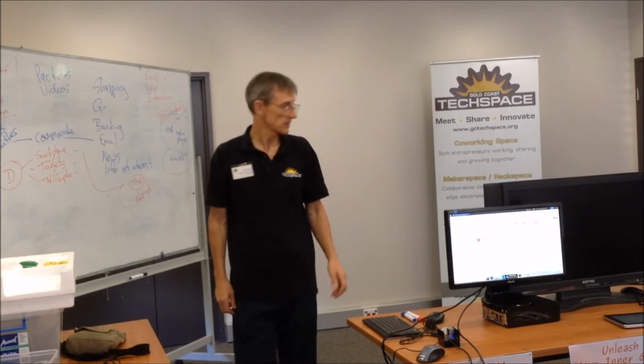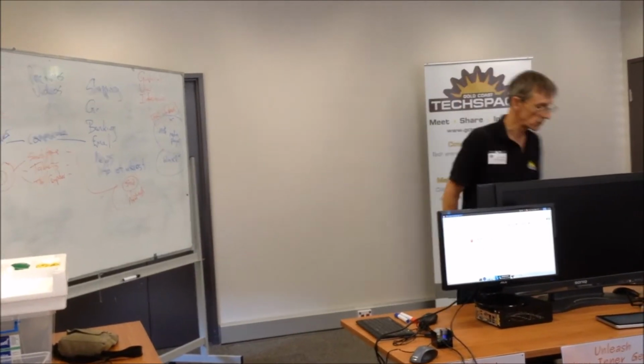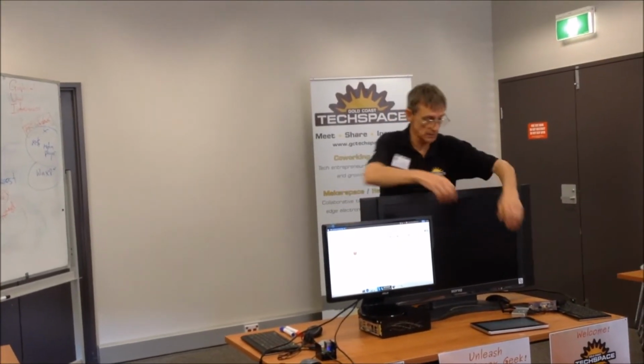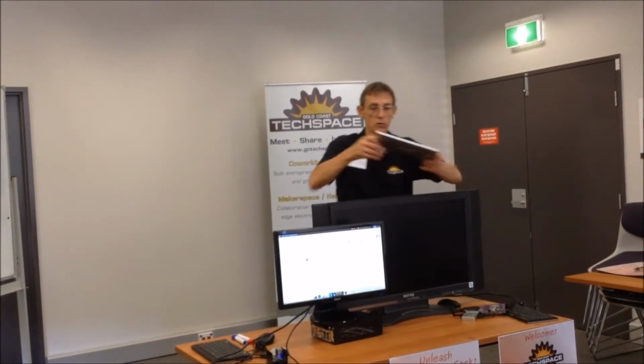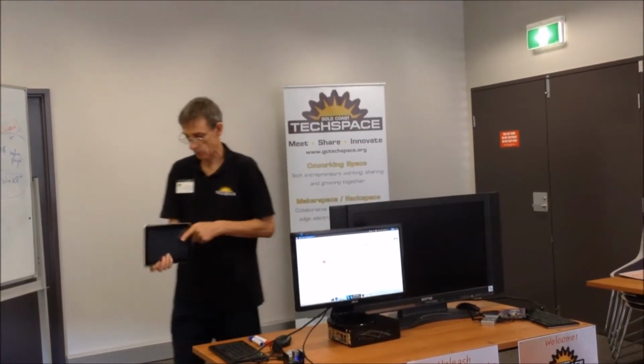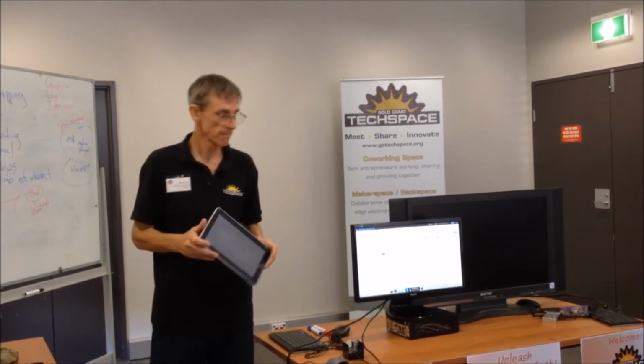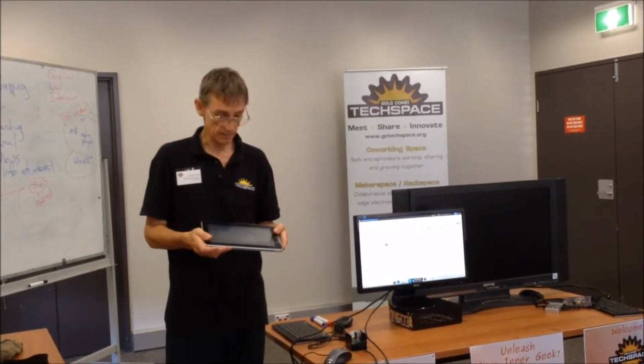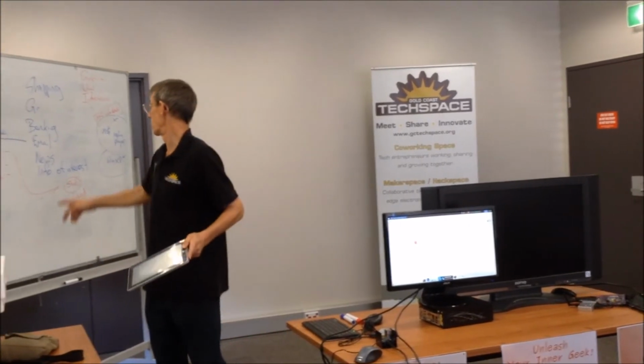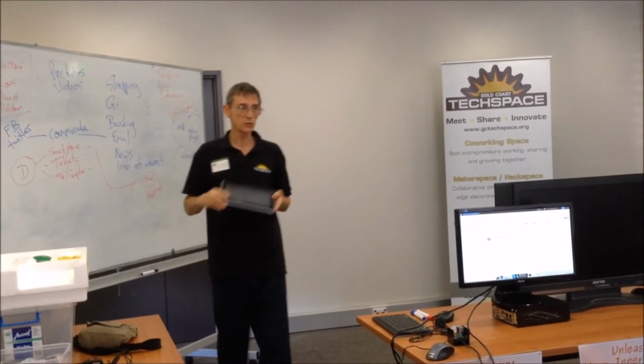Same way as with a mobile phone, these devices have little bits of software on them. This is a really cheap tablet, only cost $150 from Hong Kong last year. It's kind of slow, but I can do all of that stuff, only a little bit slower.